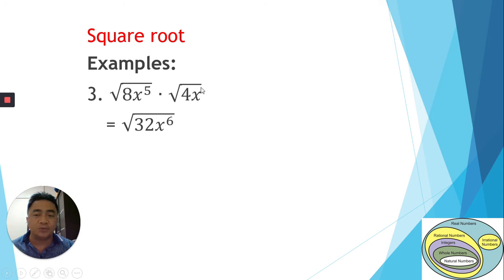So 5 plus 1 is 6. Now for 32, we can split that as 4 power 2 or 16, 16 times 2. And for x power 6, we can have x power 2, x power 2, and x power 2.